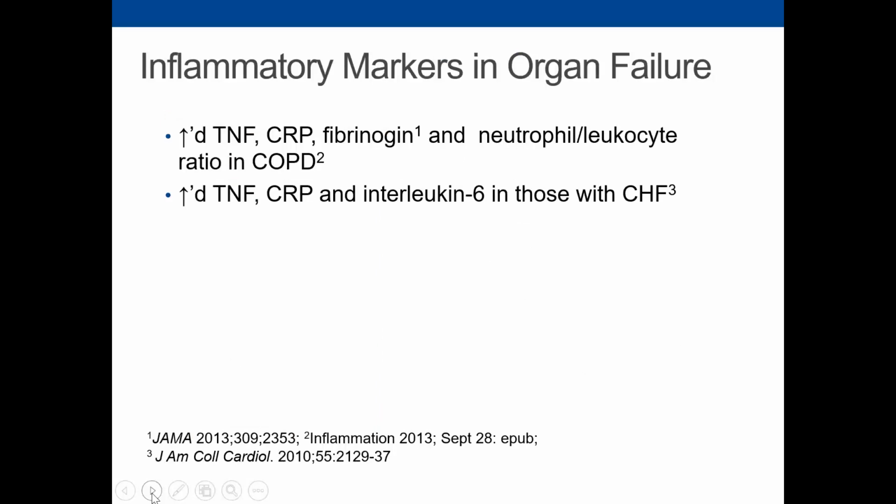Individuals that have chronic disease, such as those with organ failure, like COPD or CHF, there are elevations in some of the cytokines that I mentioned before. And so these, as well as acute phase proteins such as CRP, are also indicative of the chronic setting having an inflammatory component.